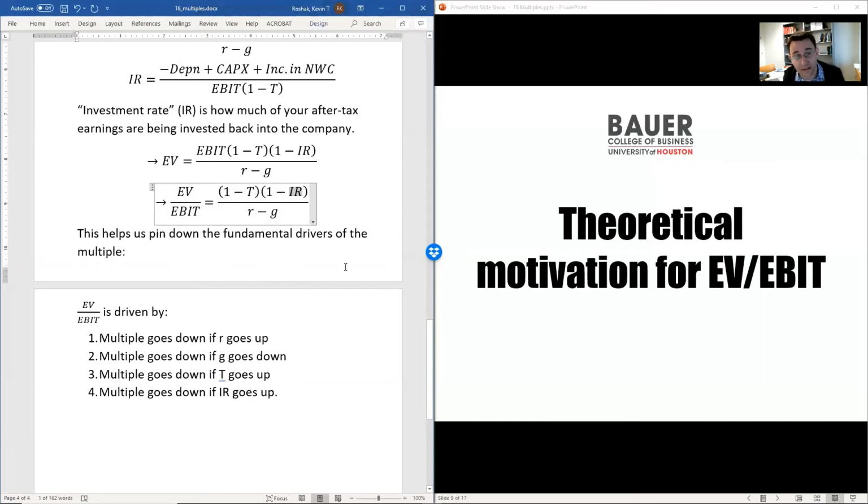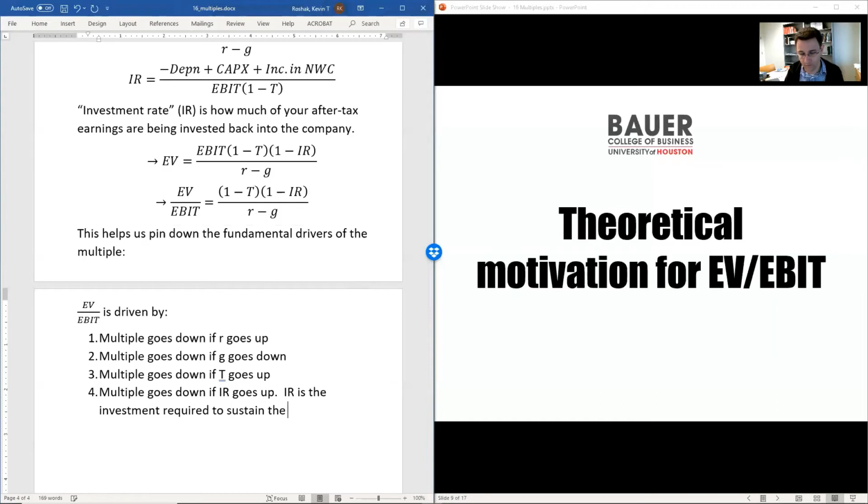If it requires a lot of investment to maintain that G, then your multiple is going to go down. So G is good, but you need to put money in, and the more money you need to put in to get the growth, the lower your multiple is going to be.